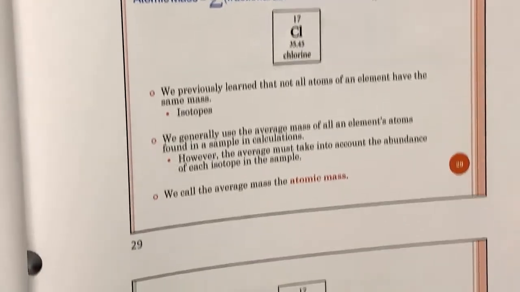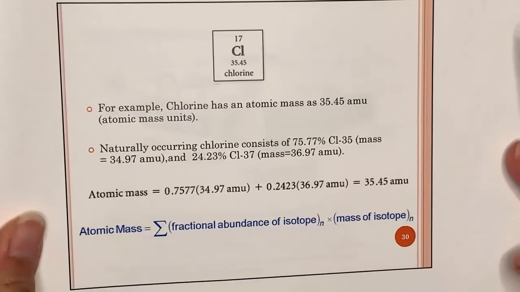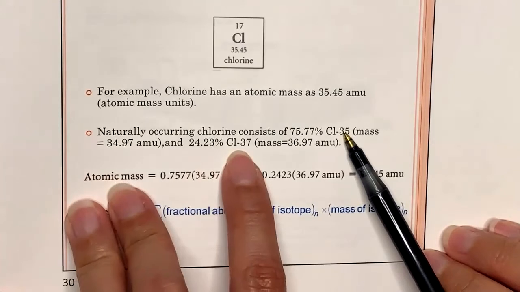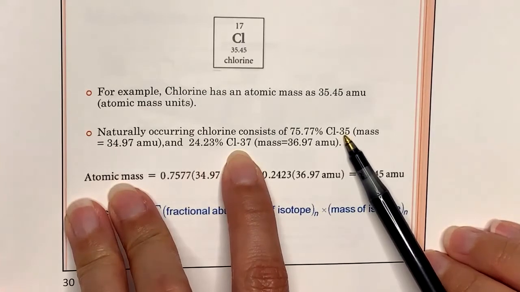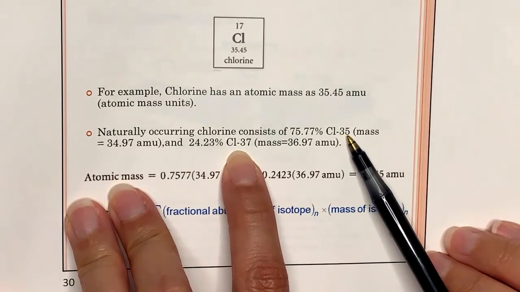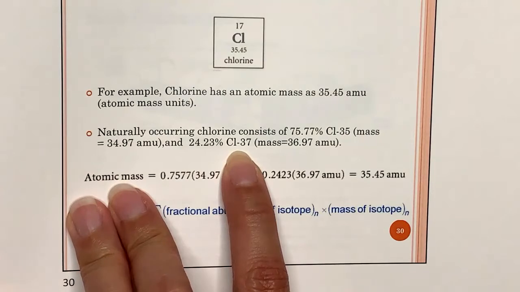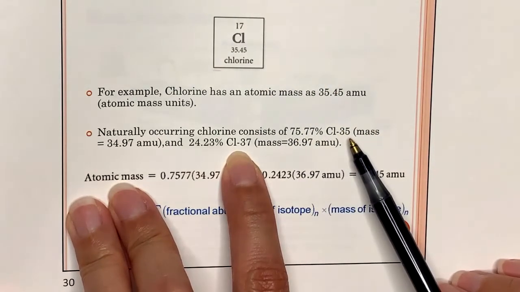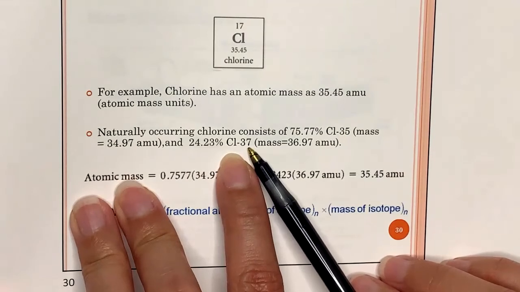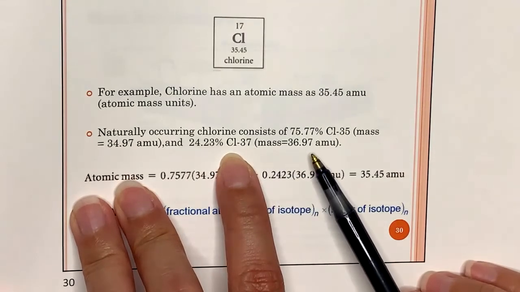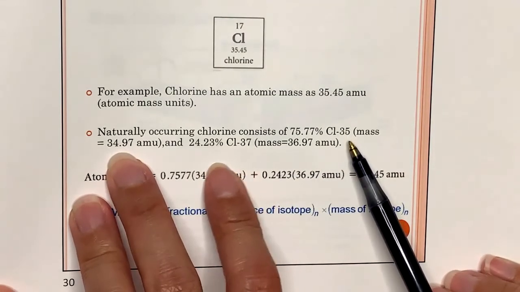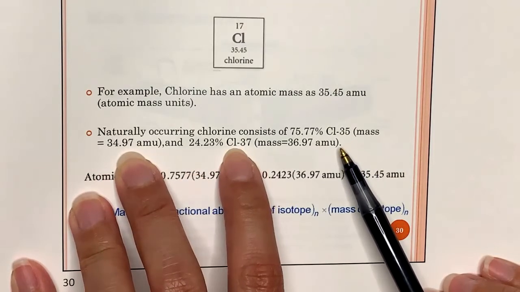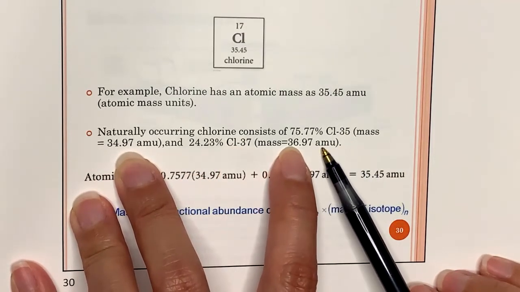For example, chlorine has 2 isotopes, okay? There's a Cl35 and Cl37. So chlorine 35 has 17 protons, and then a certain amount of neutrons here. This one has a higher amount of neutrons. And the mass of Cl35 is 34.97, and the mass of Cl37 is 36.97.